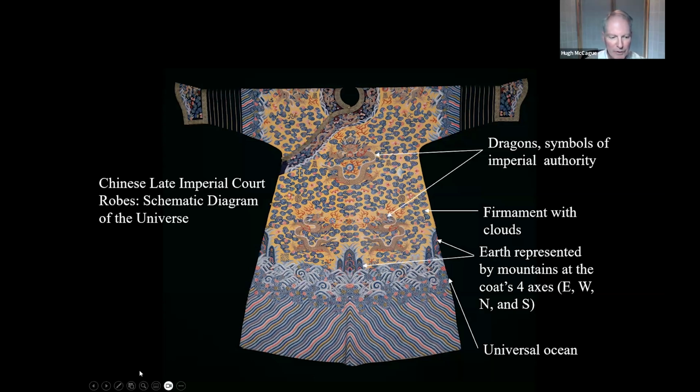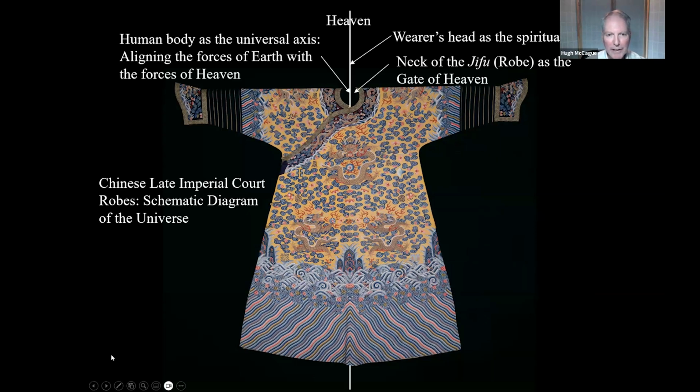So we have on the finite plane, but also we work towards the infinite plane, as the Rosicrucians will say, that there is a great axis that will apply in our meditation. The neck of the jifu, or this robe, is known as the gate of heaven. The wearer, in this case, there'd be the spiritual realm.